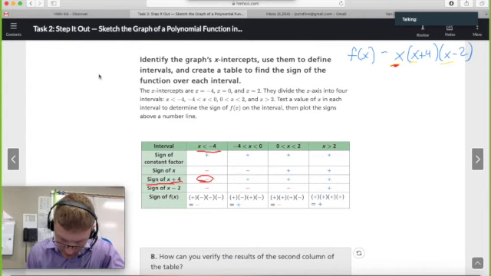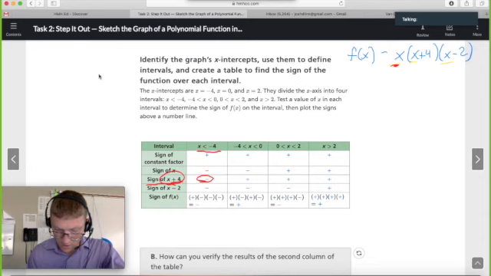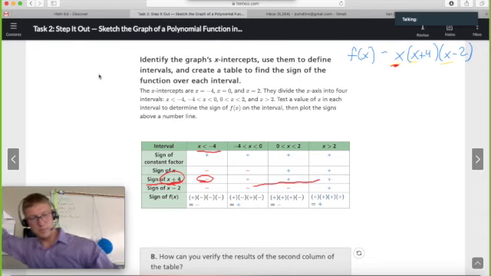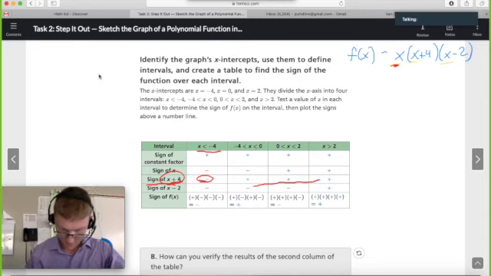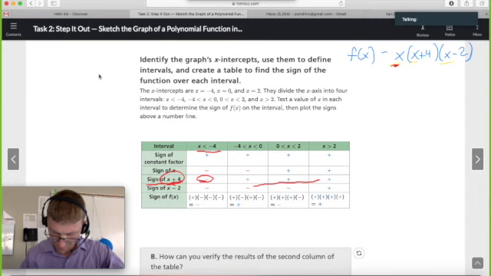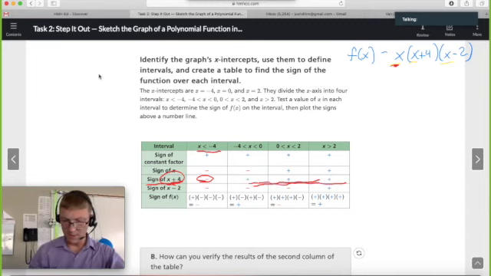We could shove negative 3 into here, and that's going to be negative 3 plus 4, which is positive. And then everything else is going to be positive as well. The lights went out. Let me see if I can get them to come back on. Whatever. The rest of these are all going to be positive because x is just getting bigger and bigger.